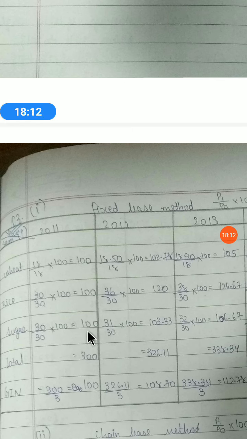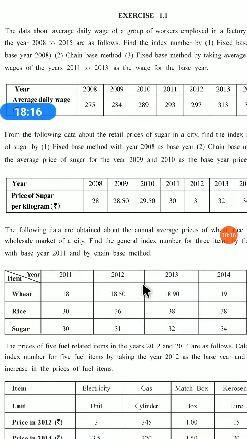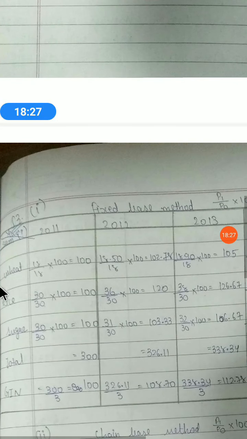Here 3 items are given and in the question they ask for the general index number. General index number means what? Overall index number. Overall, how many items? 3 items are given. So how to find the general index number? Here the total is 300 and 3 items are given. So GIN, general index number, is equal to 300 upon 3 is equal to 100.